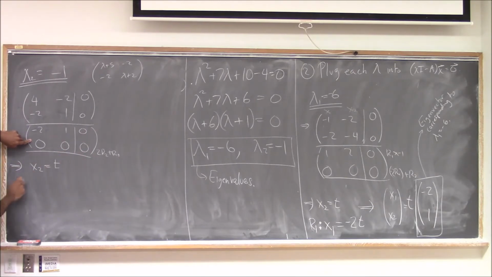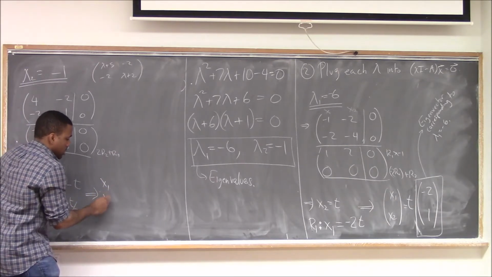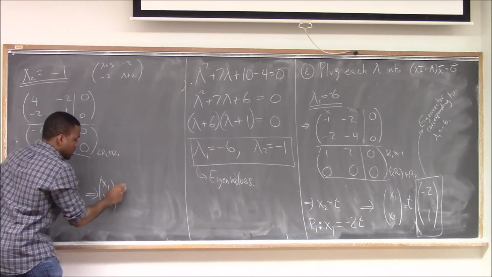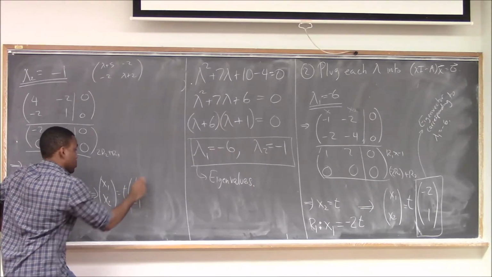And so in row 1, I would get minus 2x1 equals minus t. So this means that x1 is t over 2. And so that gives me x1, x2 is t times 1 over 2, minus 1.